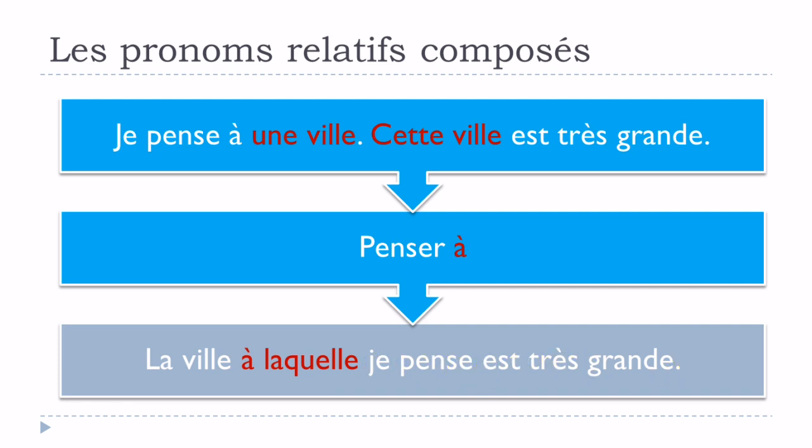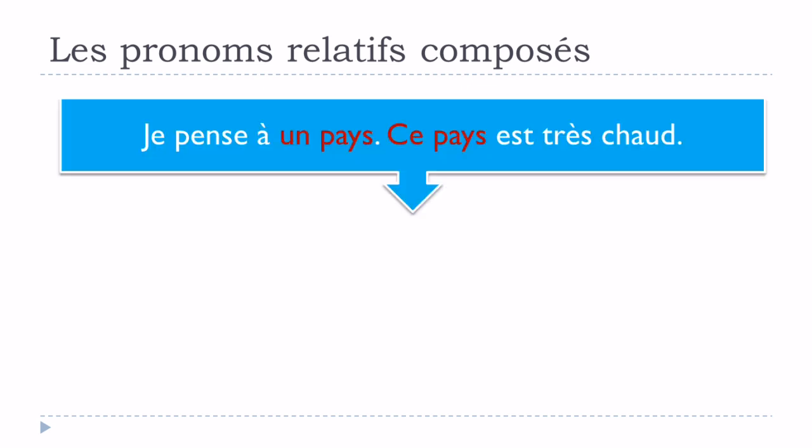Let's see now if we've got a masculine form, because that's the tricky thing. Je pense à un pays, and then ce pays est très chaud. Of course we have exactly the same situation here: we've got 2 sentences, we want only one, and we want to avoid repeating un pays or ce pays.